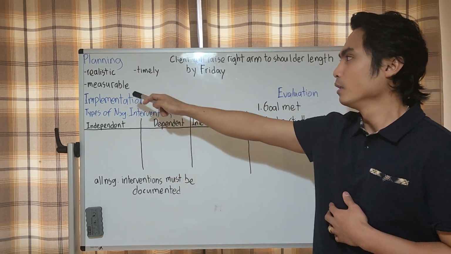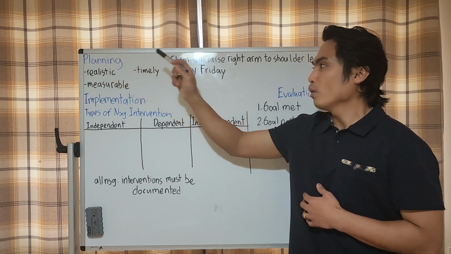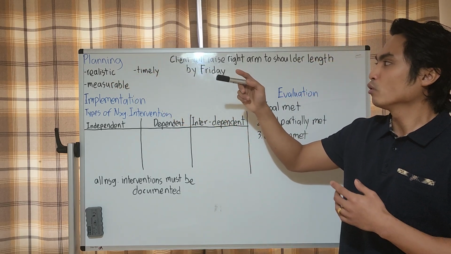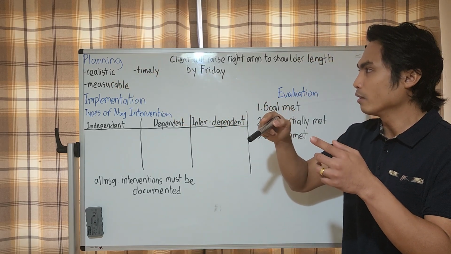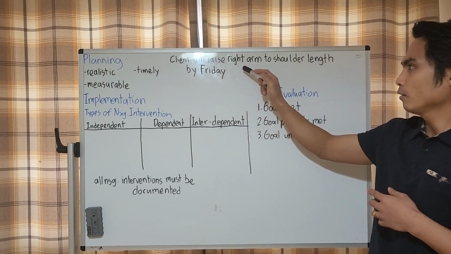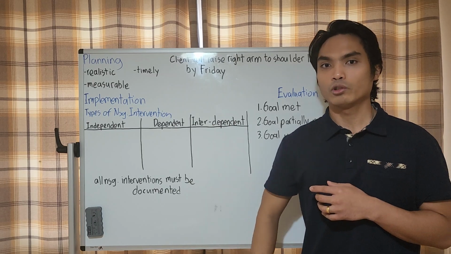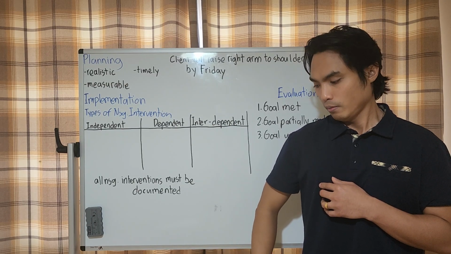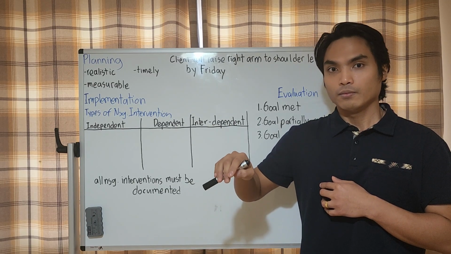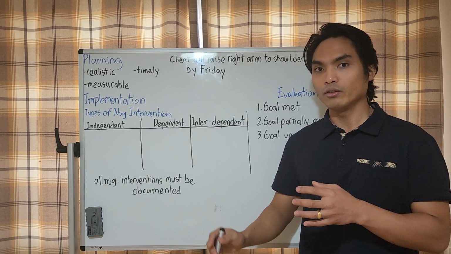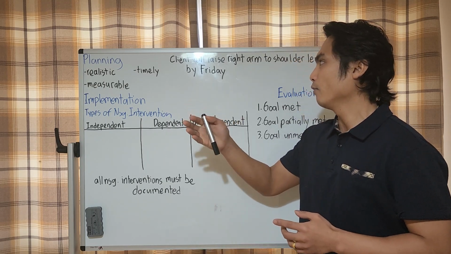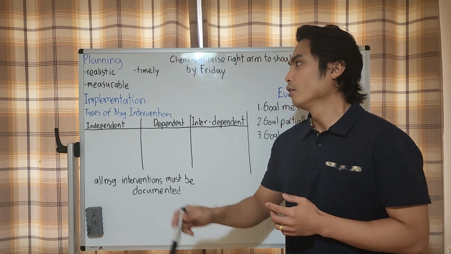Let's examine. Realistic. To a stroke patient, supposedly today is Monday. Is this realistic? Client will raise right arm to shoulder length by Friday. Yes, that is realistic. Considering it's Monday today, you got 5 days, isn't it? So realistic.